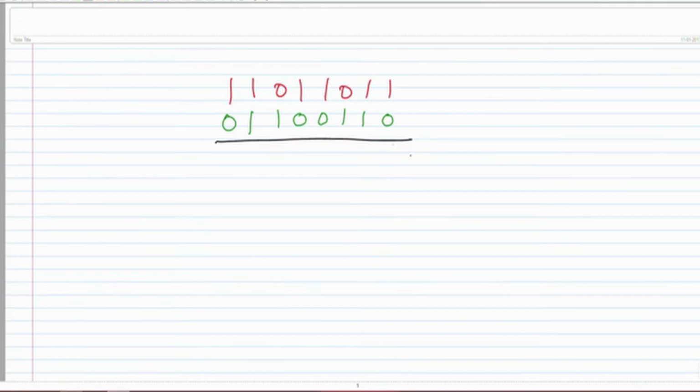The carry that came from the previous stage is 0. The sum bit is 1 and the carry that goes to the next stage is 0. So, here again the sum bit is 0 and the carry that went to the next stage is 1. Here again sum bit is 0, the carry is 1, sum bit is 0, carry is 1, sum bit is 0, carry is 1, sum bit is 0.